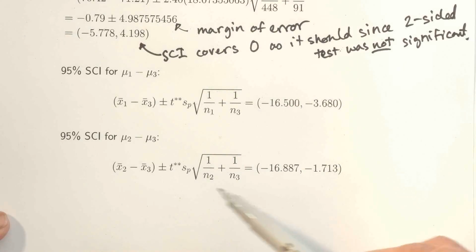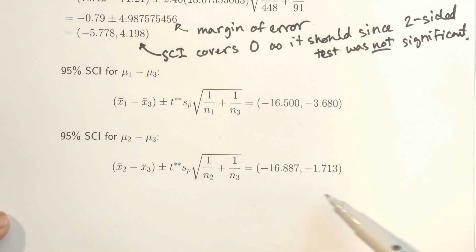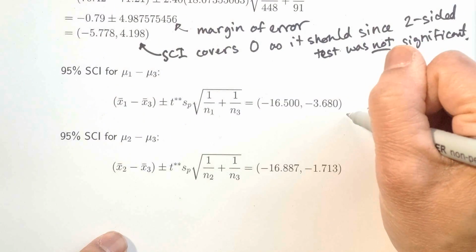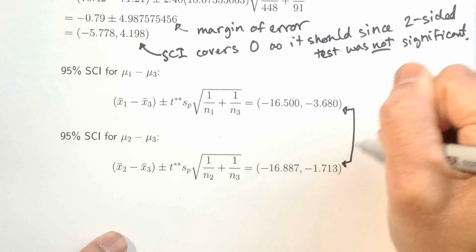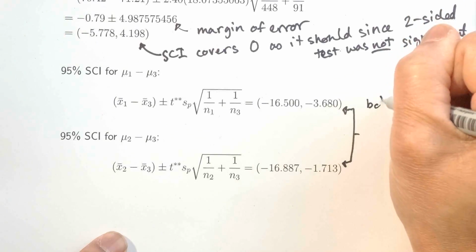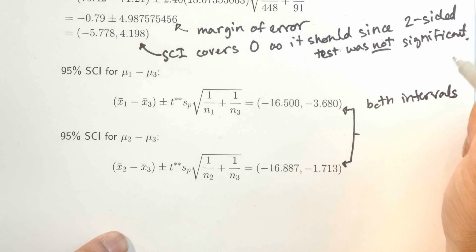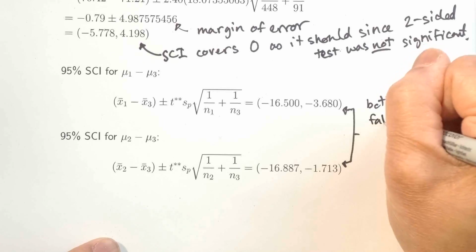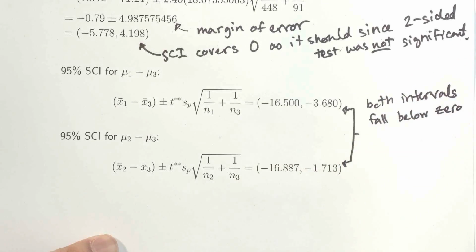And in the 95% confidence interval for 2 and 3, we also see we have this negative interval. So we see both intervals fall below 0.